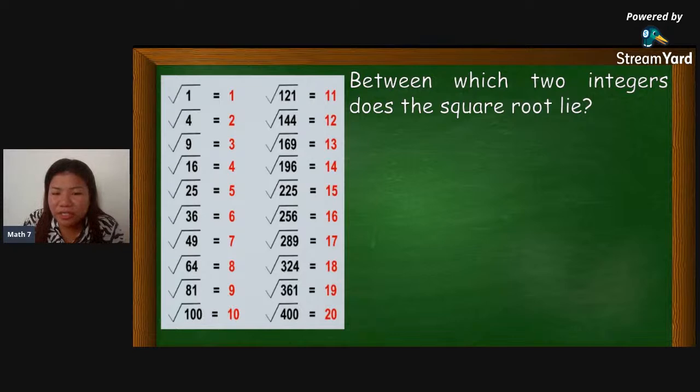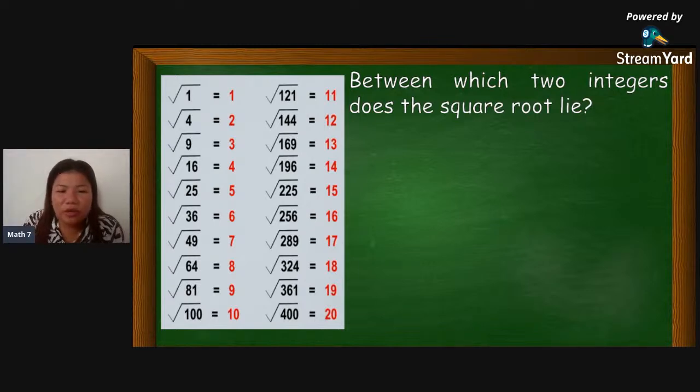Okay, square root of 16. Ella, bakit 81? Square root of 16. Very good.